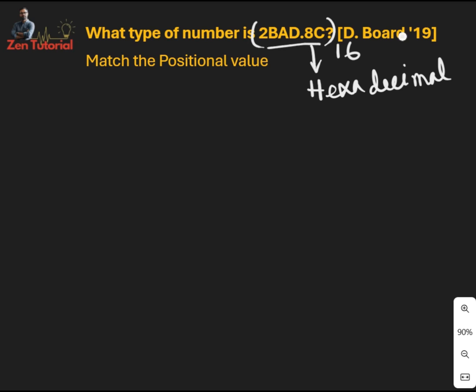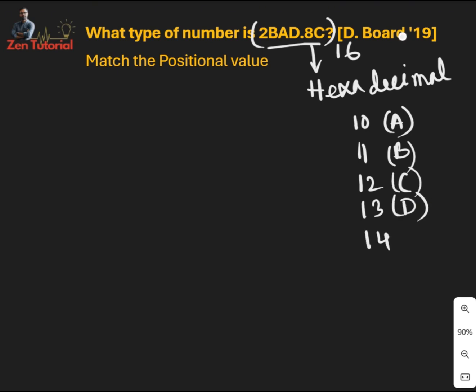Let's recheck the value of A, B, C, D, E, F. So 10 represents A in decimal, 11 represents B, 12 represents C, 13 represents D, 14 represents E, and last but not least, 15 represents F, right?